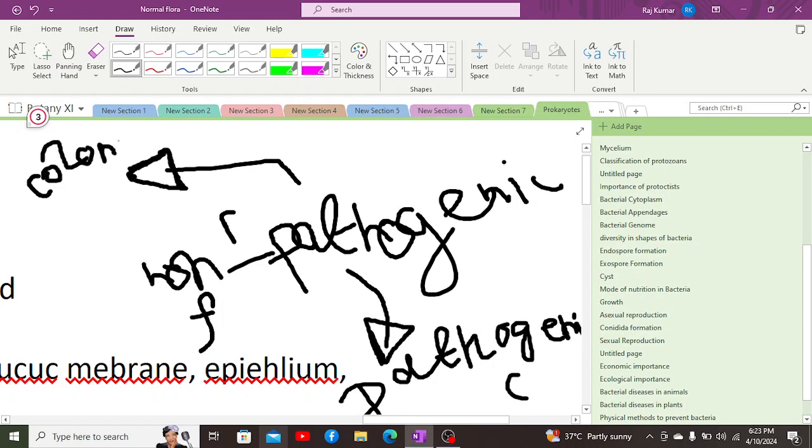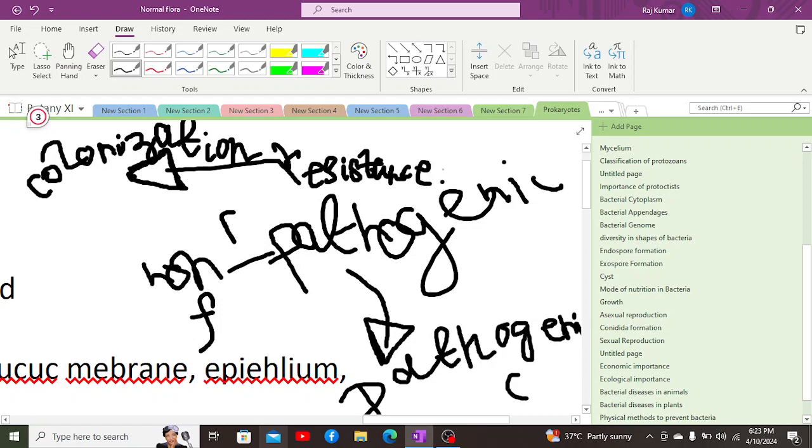This phenomenon of resisting the colonization of pathogenic bacteria on the site of a surface tissue is known as colonization resistance. Colonization resistance, right? So this phenomenon is known as colonization resistance.